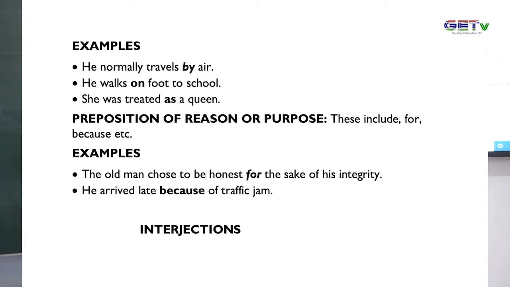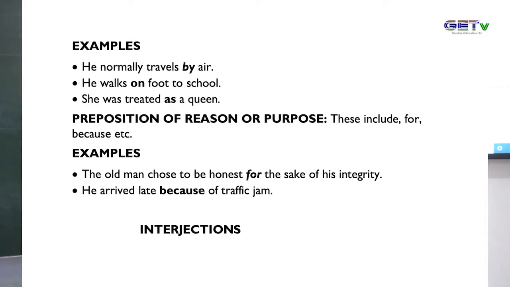She was treated as a queen. When you look at these examples, they indicate manner, how something is done. For instance, how the man travels, how he walks, and how she was treated. So by, on, and as indicate manner.